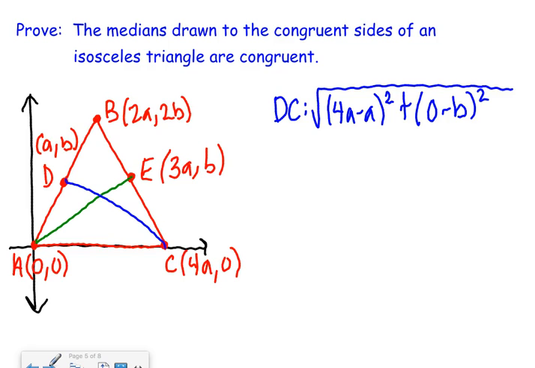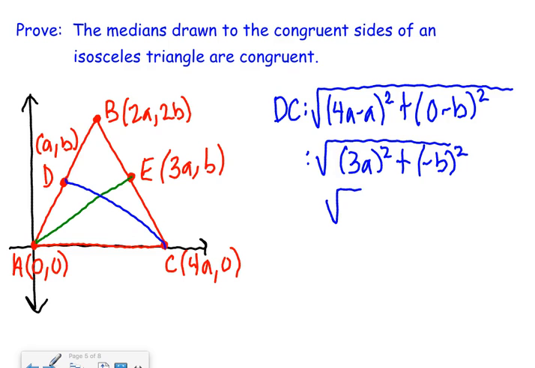Then we have to simplify. What's 4A minus 1A? That's 3A. And that's just negative B squared. Can't subtract 0. So how do I simplify this? 9A squared plus B squared. Yep. Alright, so that's how long DC is. We can't simplify it anymore.